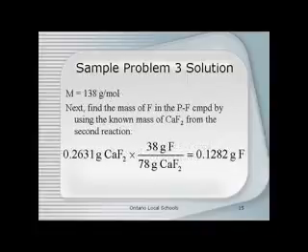Our next step would be to find the mass of the fluorine in the phosphorus fluorine compound by using the known mass of calcium fluoride from the second reaction, and we're going to multiply that times the ratio of the mass of fluorine, 38 grams of fluorine, in 1 mole of calcium fluoride, which is 78 grams. When we do that, we get that there was a total mass of 0.1282 grams of fluorine.